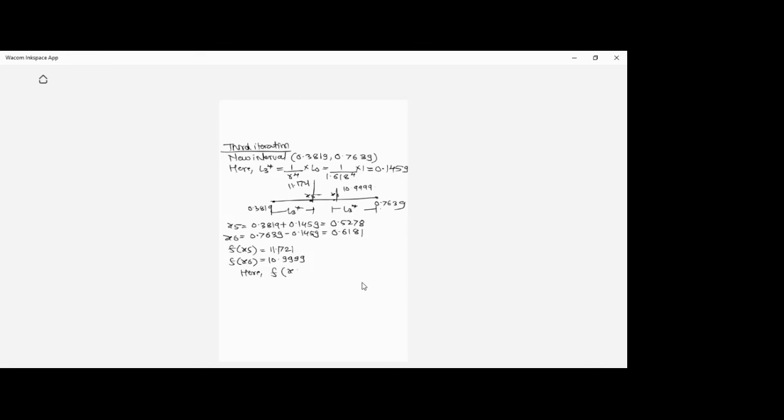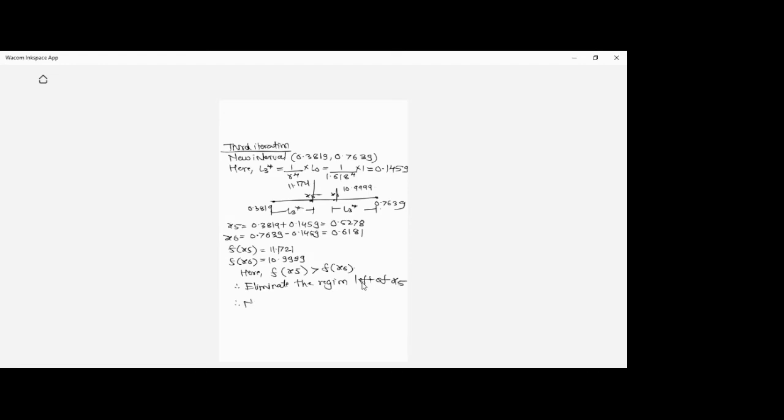So f of x5 is greater than f of x6, therefore which region is to be eliminated? Eliminate the region left of x5, right?